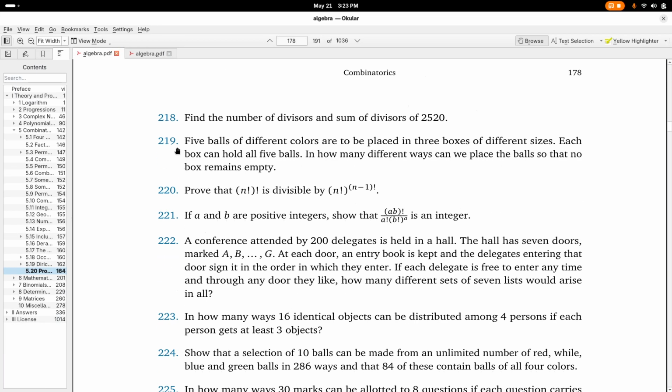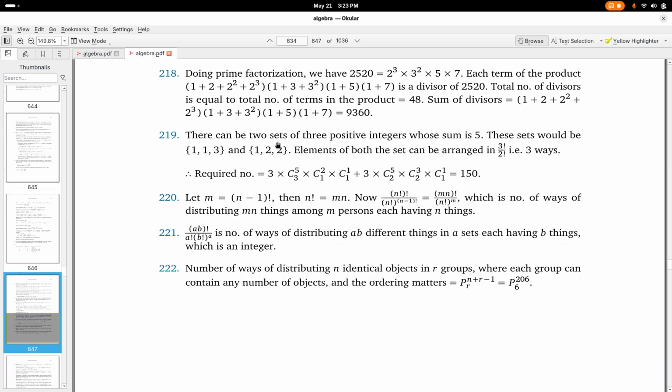Question 219 says that 5 balls of different colors are to be placed in 3 boxes of different sizes. Each box can hold all 5 balls. In how many different ways can we place the balls so that no box remains empty? So the total number of sets of 3 positive integers whose sum is 5 would be 113 and 122.